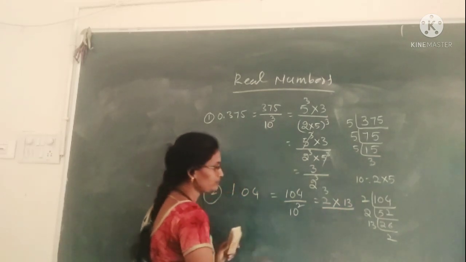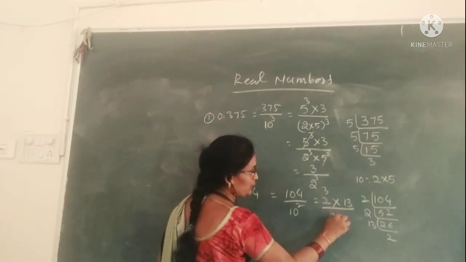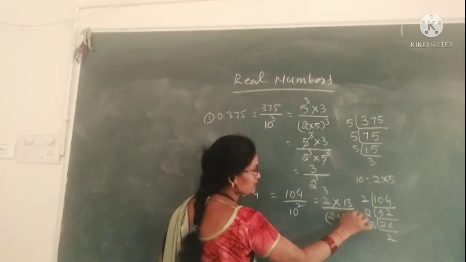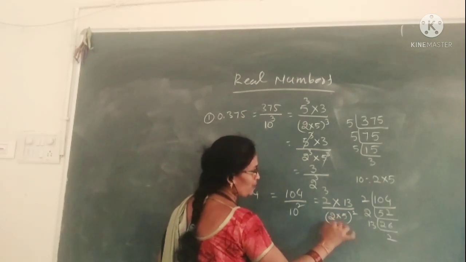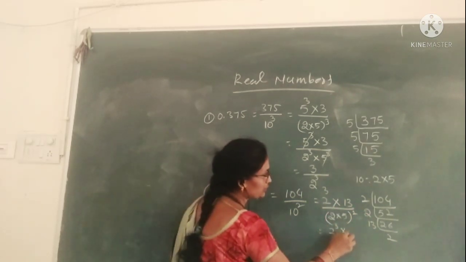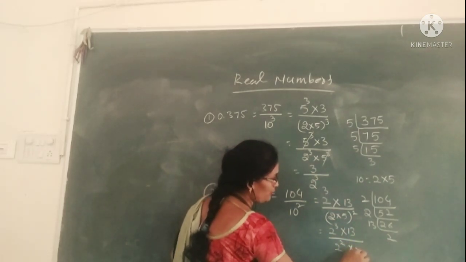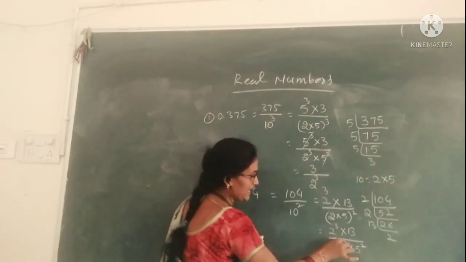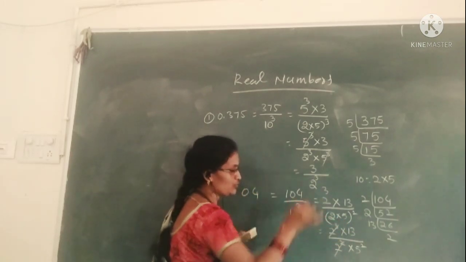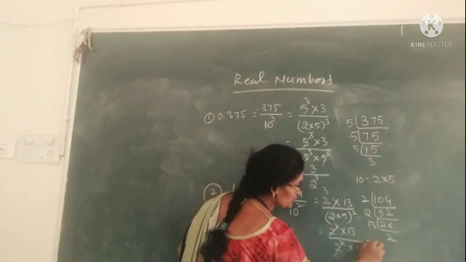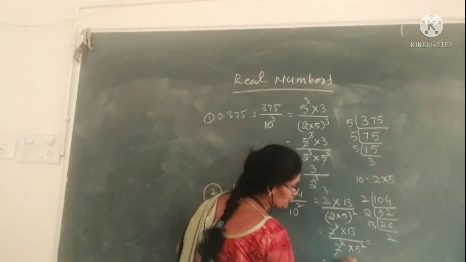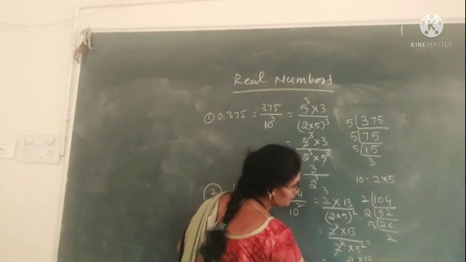Then 10 is 2 into 5, so 10 square is 2 square into 5 square. We cancel 2 square, and there is only one 2 left. So we get 2 into 13 by 5 square.